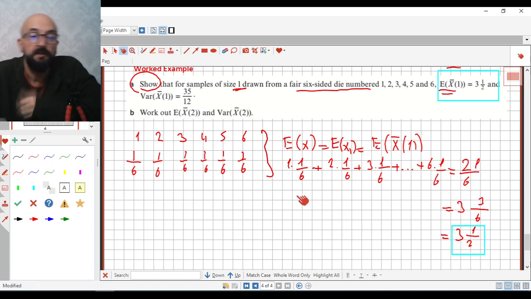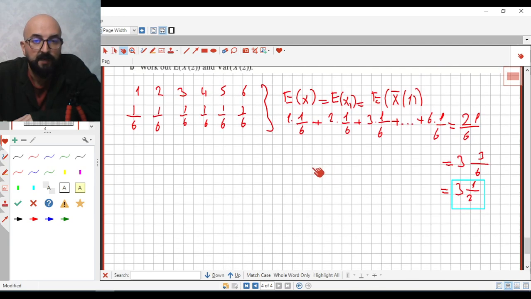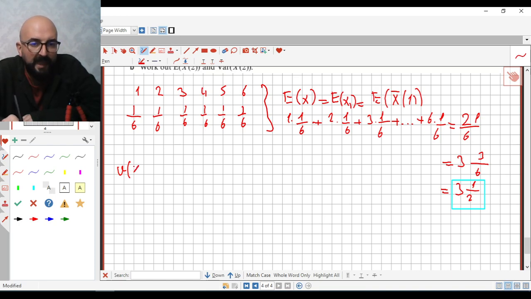Okay. And our expectation of the sample mean of size 1, or the expectation of x, is 3.5. And for the variance, please remember the variance formula: the variance of x, and also the variance of x1, and also the variance of the sample mean of size 1, all the same.